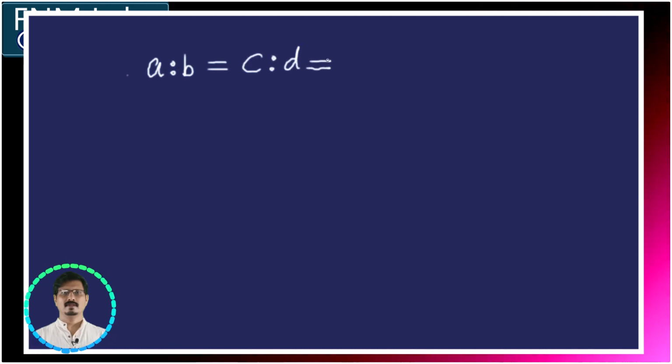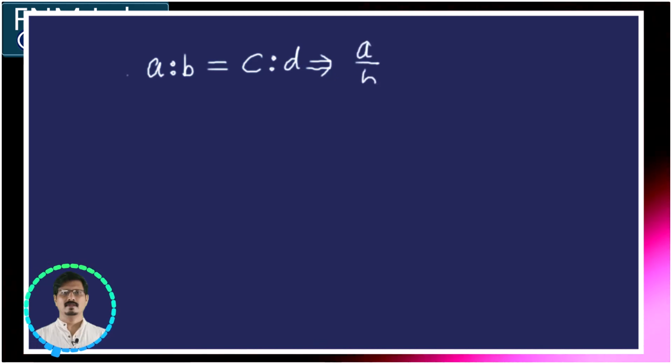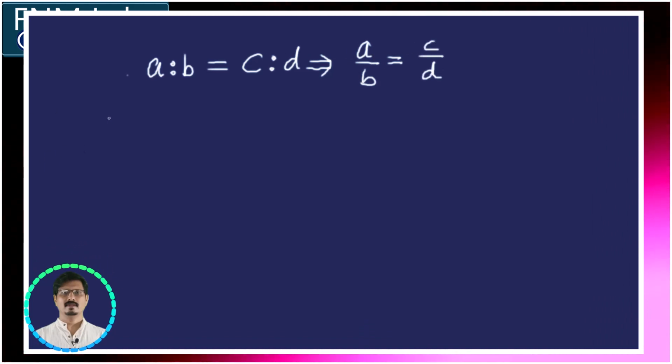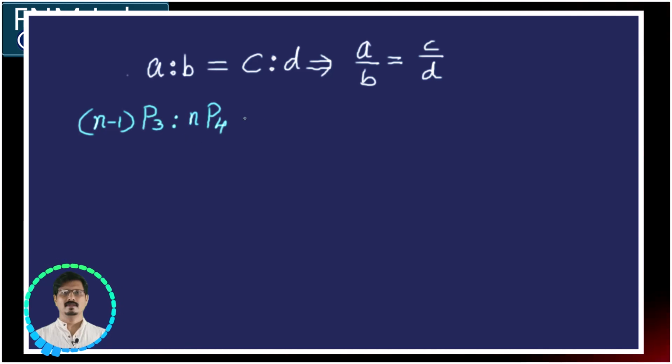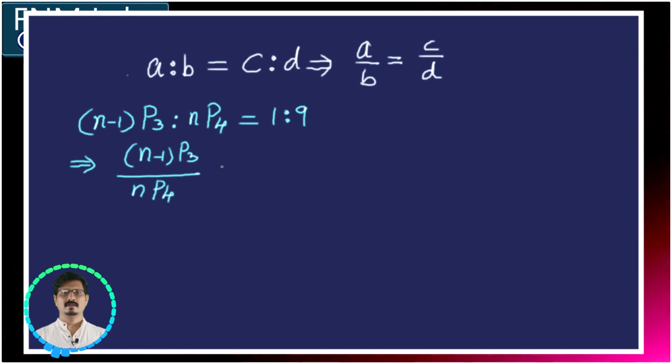So, if two ratios a is to b and c is to d are said to be equal, then we can equate their quotients as a by b is equal to c by d. Hence, in this question, the given ratio may be rewritten as n-1 P 3 divided by n P 4 is equal to 1 by 9.